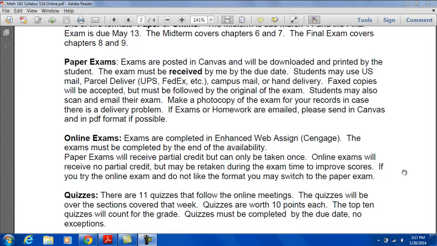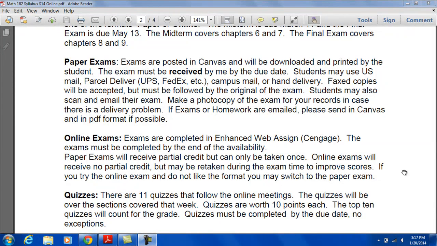Paper exams are posted in Canvas and will be downloaded and printed by the student. The exam must be received by me by the due date. So if you're going to mail it ahead of time, make sure it gets to me. I do not want to be looking for these things. Students may use U.S. mail, parcel delivery, campus mail, or hand delivery. You can fax it to me.